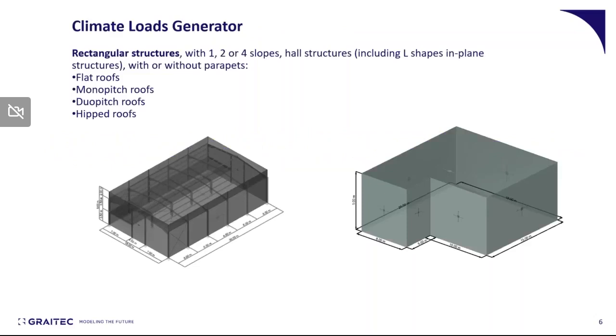The climate load generator in advanced design can deal with a range of different geometries of buildings. For example, the most frequent ones, the rectangular structures with different types of roofs, such as flat roofs, monopitch roofs, duopitch roofs, and hipped roofs.